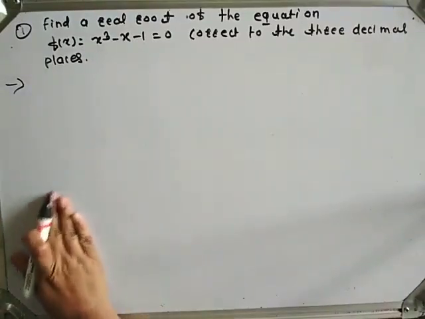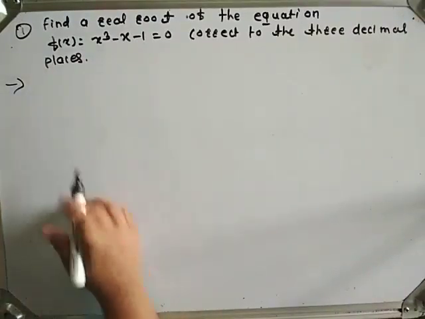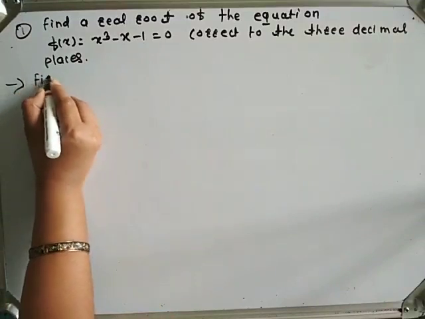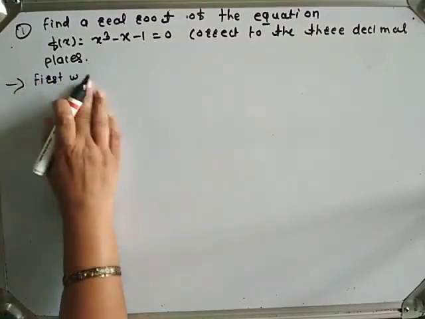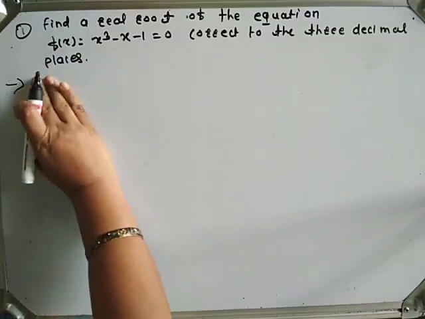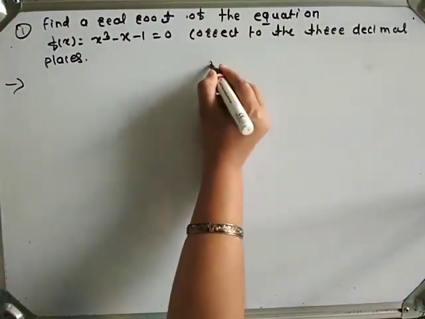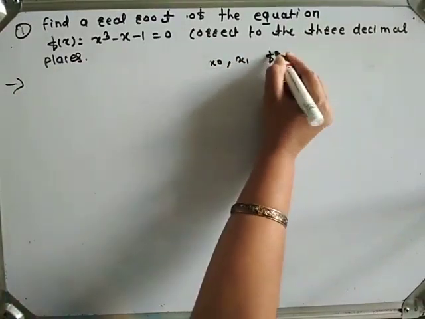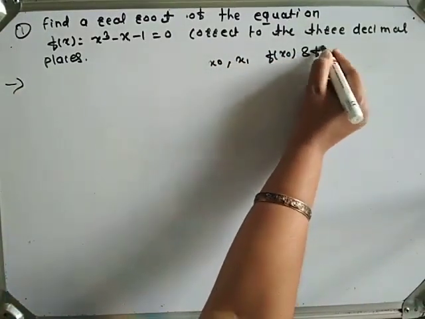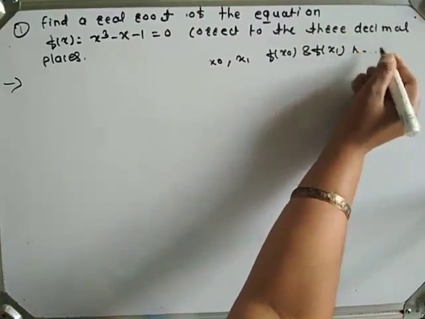We use the bisection method. First, we have to choose two numbers, x0 and x1, such that f of x0 and f of x1 have opposite signs.